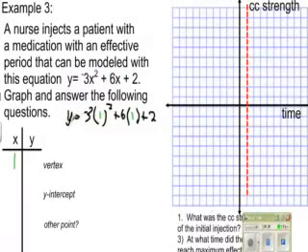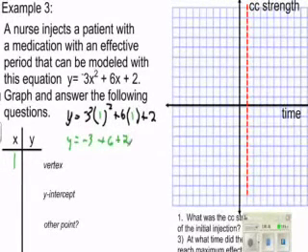So here you can see I've written the equation substituting 1 for x, and then I simplify by the order of operations. And 1 times 1 is 1, times negative 3 is negative 3, plus 6, plus 2. So y equals 5. So y is 5. 1, 2, 3, 4, 5. There's our vertex, and we know it opens down.